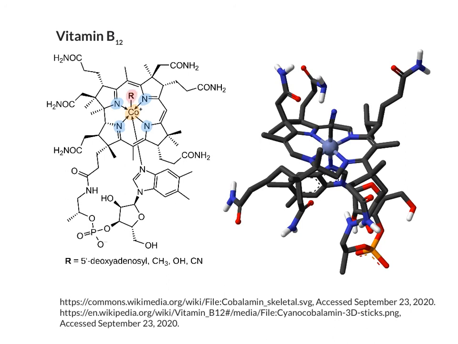There's an R group, which can vary depending on the type of vitamin B12 we're working with. And then there's another nitrogen below. So that is 6 coordinations. That is going to be octahedral.